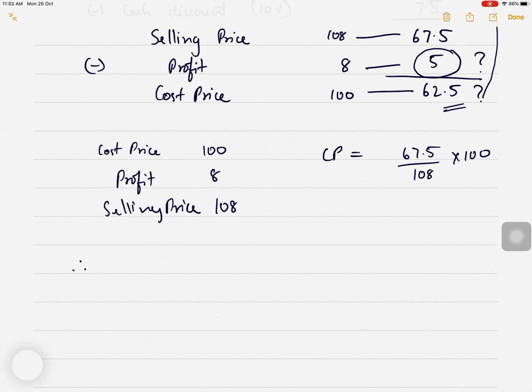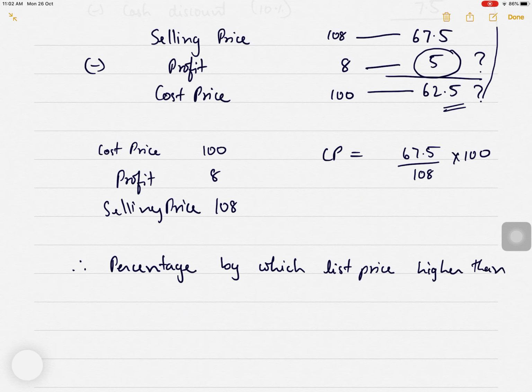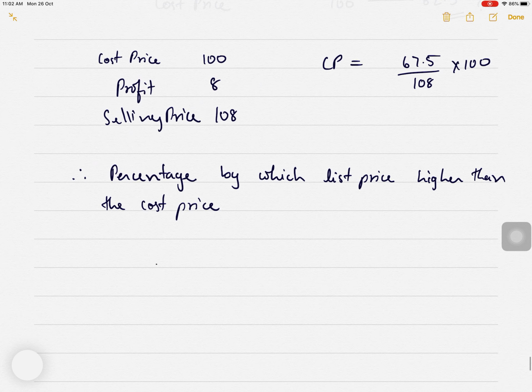Therefore the percentage by which list price is higher than the cost price is difference upon cost price into 100.